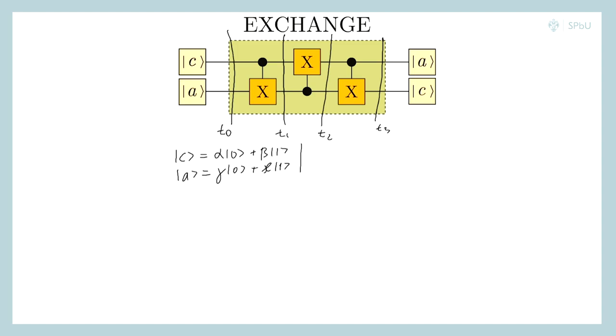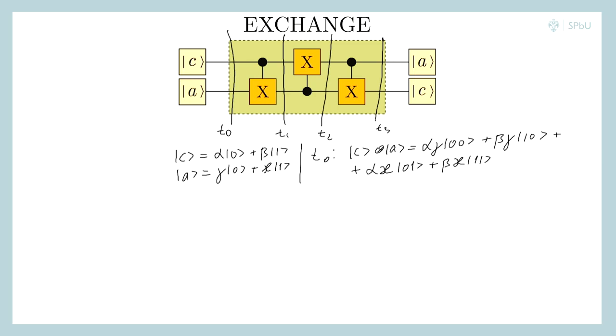So at the moment of time t0, at the input of the exchange element, we have the two-qubit state, which is the tensor product of the state of the qubit C and the state of the qubit A. That equals alpha gamma 0 0 plus beta gamma 1 0 plus alpha kappa 0 1 plus beta kappa 1 1.